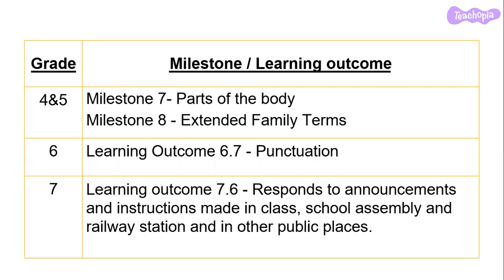For grade 6, learning outcome 6.7, and the topic we have chosen is punctuation. For grade 7, learning outcome 7.6, where we will deal with announcements and instructions made in class, school assembly, railway station, and other public places.